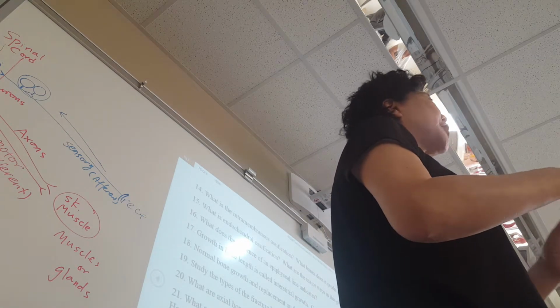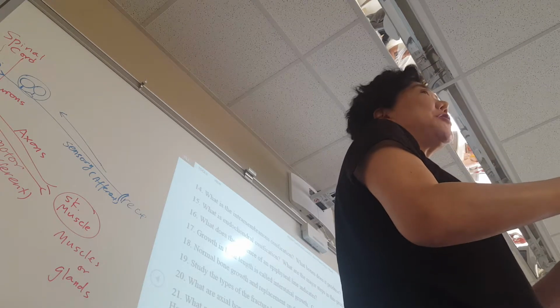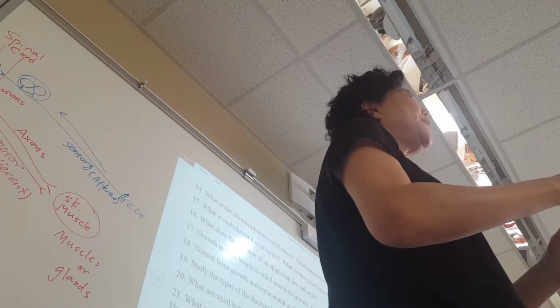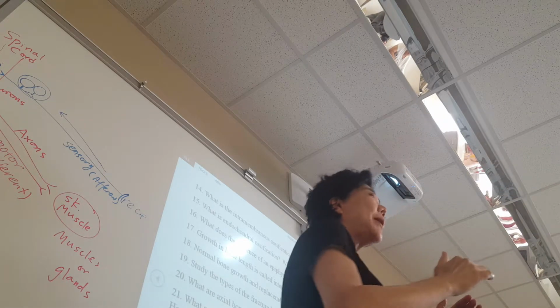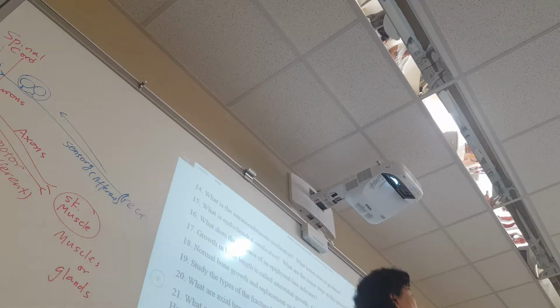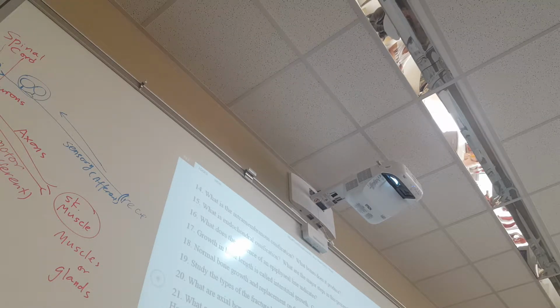Anything you see with ossification is bone tissue formation. So if it's intramembranous, it means bone tissue is formed in the sheaths, in the embryonic membrane. Therefore, it's called intramembranous.